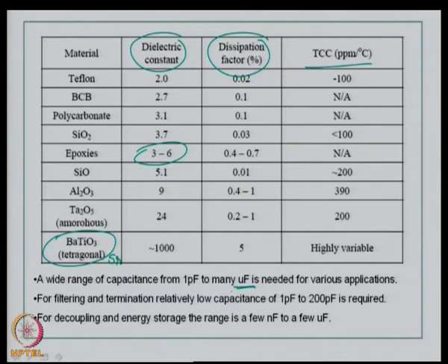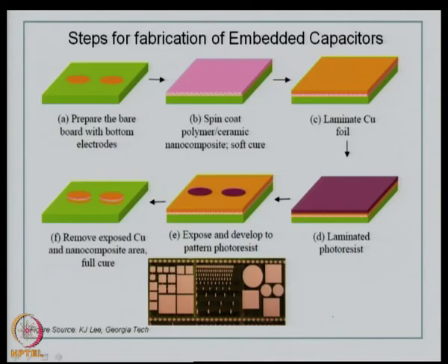Now, filtering and termination capacitors typically require low capacitance of 1 picofarad to 200 picofarads. So, accordingly you can synthesize. Then for decoupling and energy storage, the range of capacitances vary from a few nanofarads to a few microfarads. So, with trial and error you can in fact vary the properties by varying material usage.